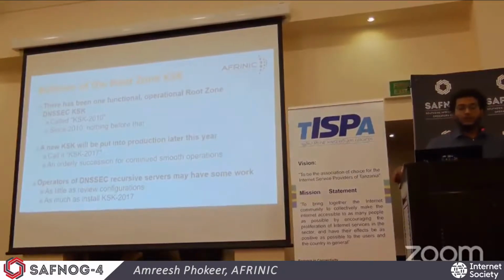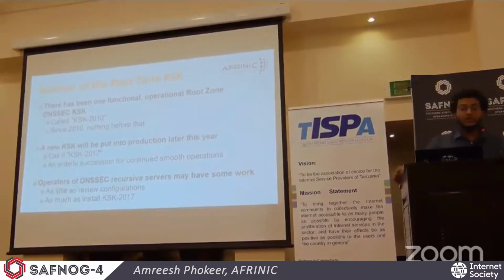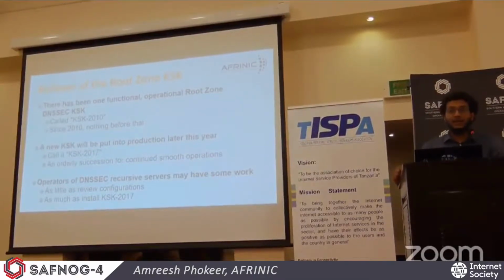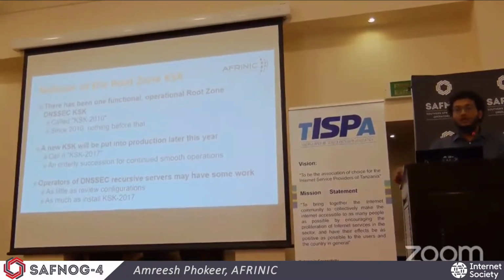There has been one functional and operational root zone DNSSEC KSK so far. It's called KSK 2010. It has been the only key so far, and it has not been rolled. We roll keys for security hygiene. The ZSK, for example, is rolled every quarter, and the KSK should technically be rolled every 5 years.